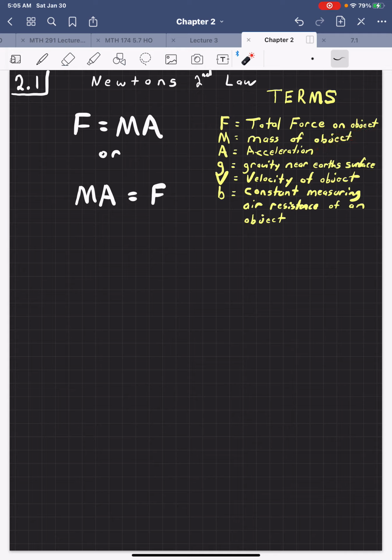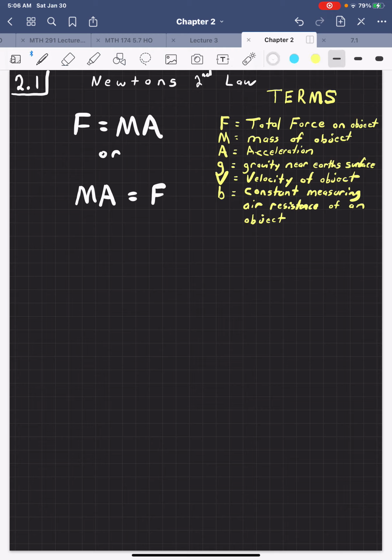We don't see the rest of these terms yet, but we will in just a second. G we're going to assume is just the gravitational constant, and we're going to assume that we're fairly near the Earth's surface. V is just going to be the initial velocity of the object. And then finally, B is going to represent a constant, which we will come back to in just a second. Okay?